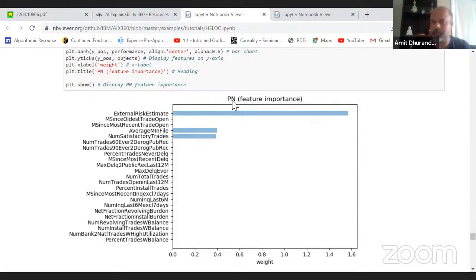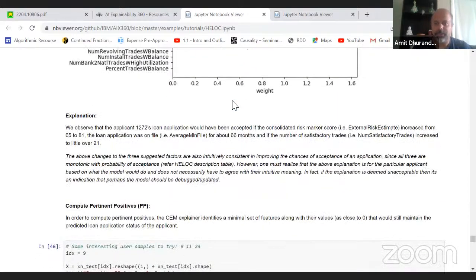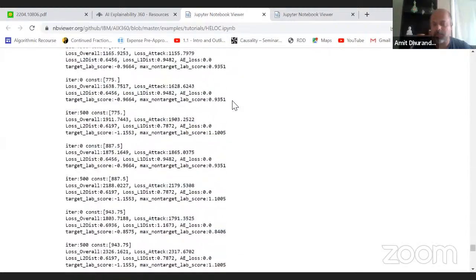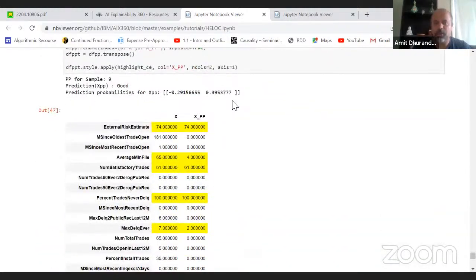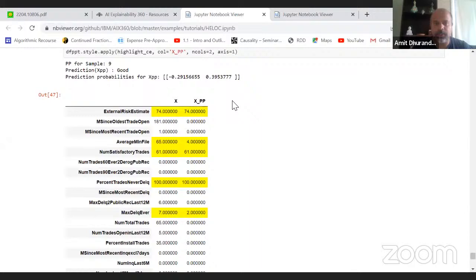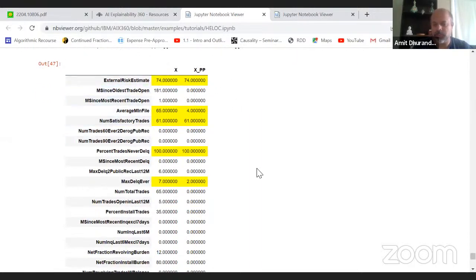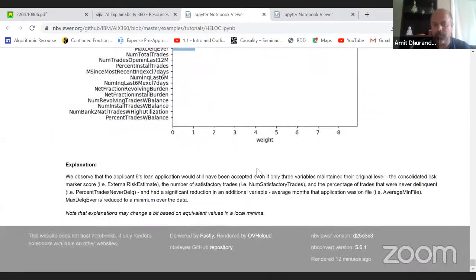So things that are absent, not just present, are equally important in figuring out what's happening. And that's basically the point. So this shows the PN features, but it can also show you which were the important features in the existing input, and those features can be highlighted with this method.